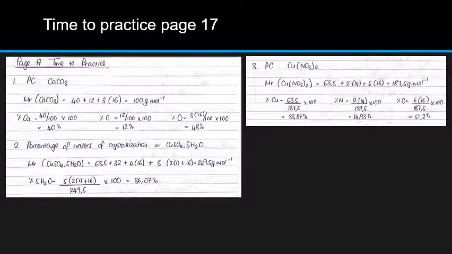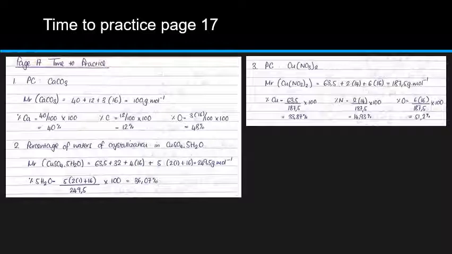What you need to do is break this down and work out the molar mass for the entire compound or the entire solution. I've broken it down there for the copper sulfate as well as for the water, and you should have gotten 249.5 grams per mole.